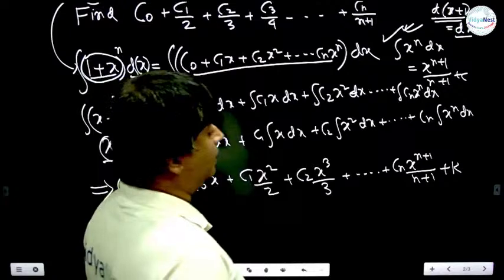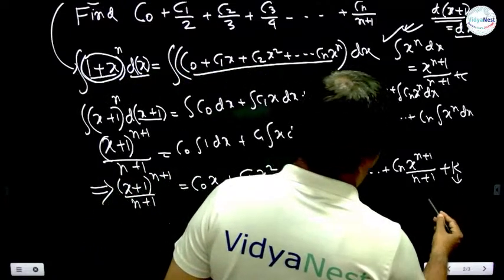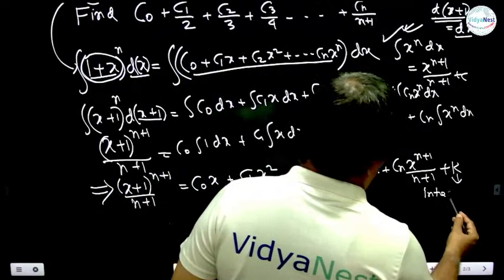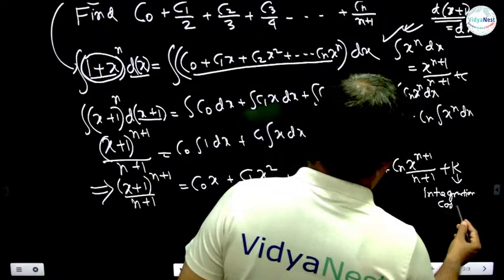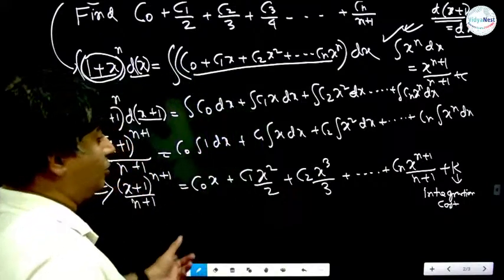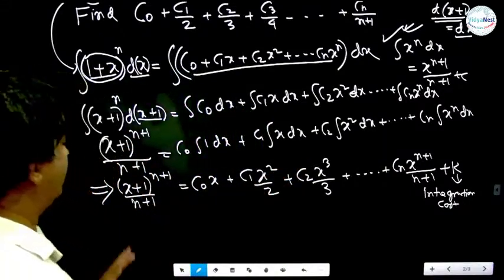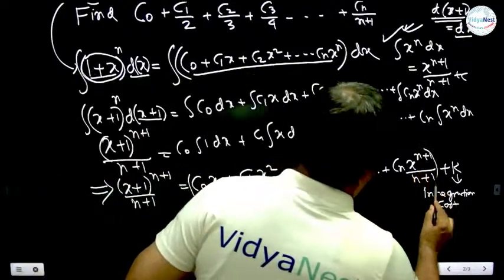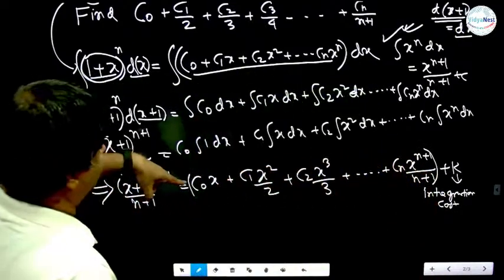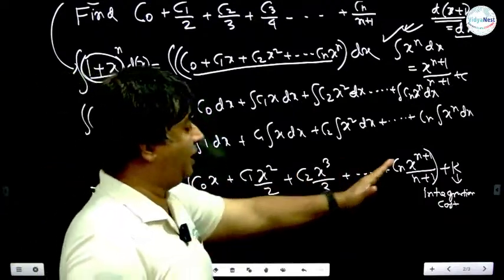K is integration constant. Now our role is to find that k first. So we have k with this algebraical expression generated by x.